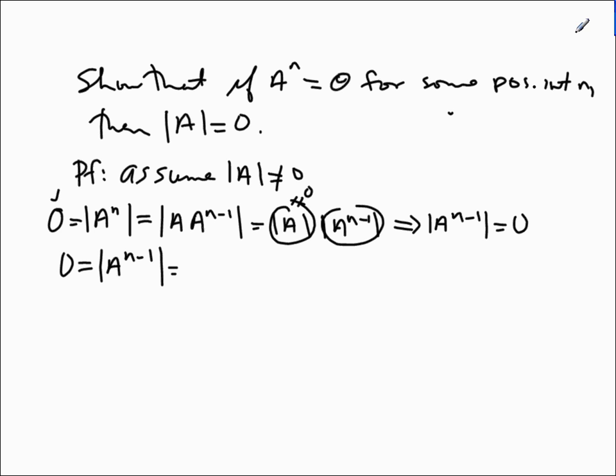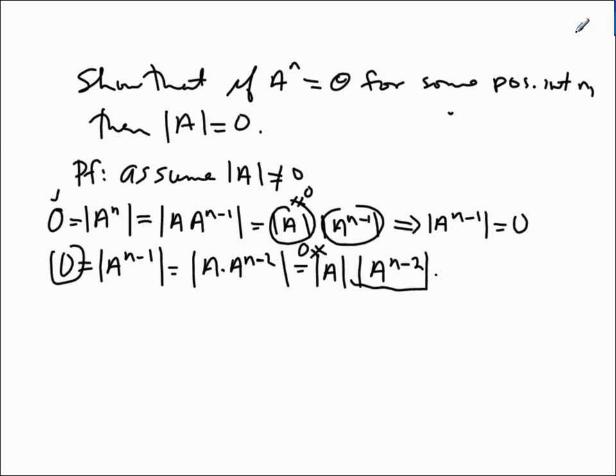But A to the n minus 1 is A times A to the n minus 2. I'm multiplying two matrices and taking the determinant of it. I could take the determinant separately and multiply. That is, it's the determinant of A times the determinant of A to the n minus 2, and the product equals 0. But the first one, the determinant of A, we're assuming is not 0.